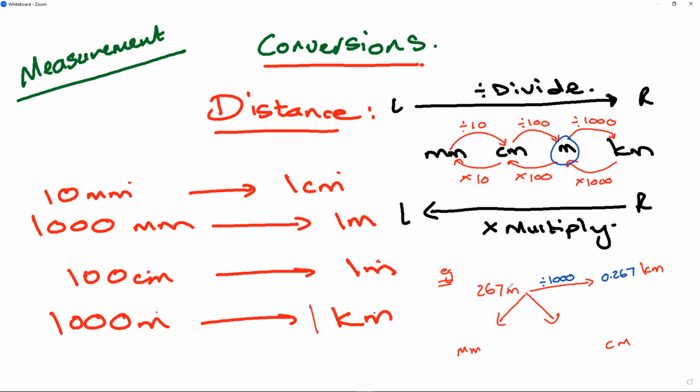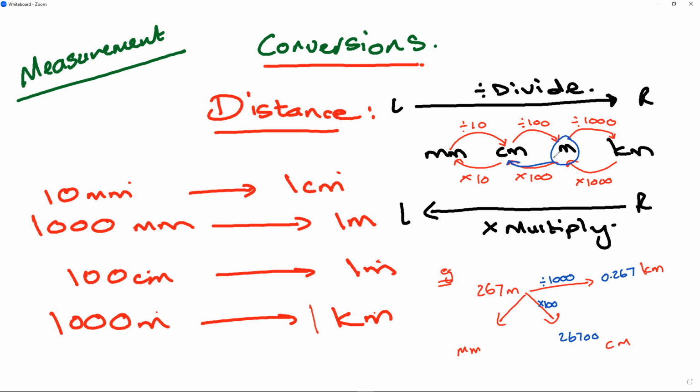If I want to convert it into centimeters, then I go from meters to centimeters, which means I'm going to take this part and multiply it by 100. I multiply it by 100 to get 26,700 centimeters.